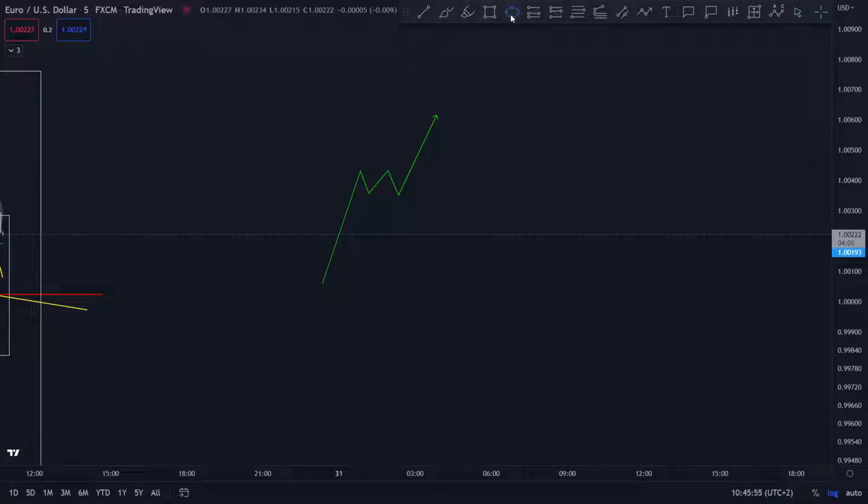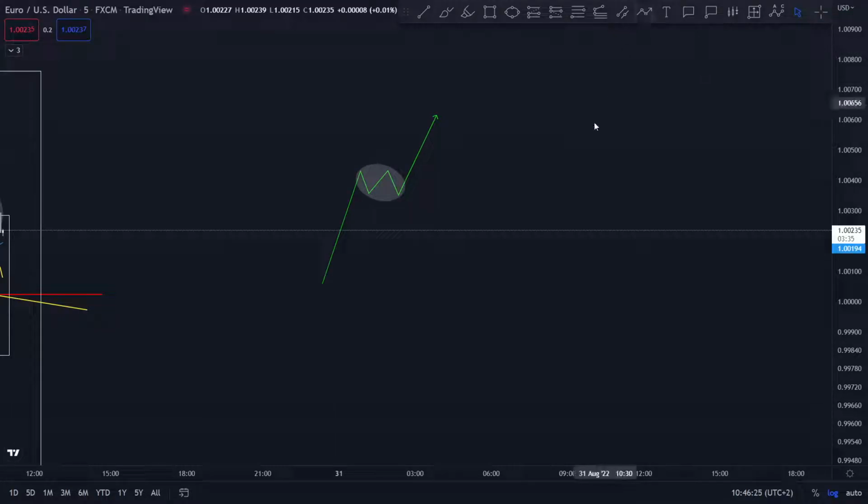And if you spot this pattern, you have a higher probability of going long here than going short. So this is like maybe 60% more likely to break to the outside, to the upside, than to break down.